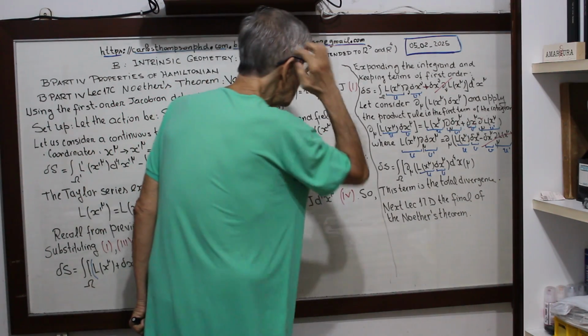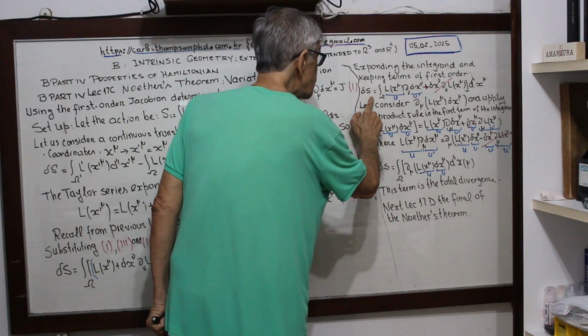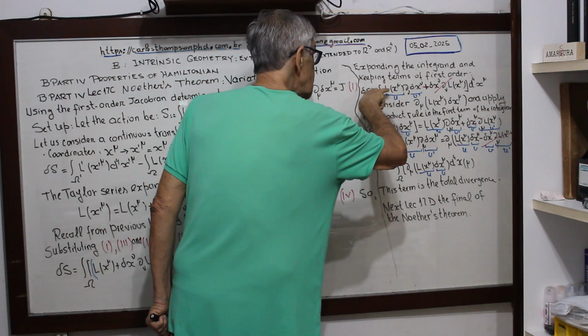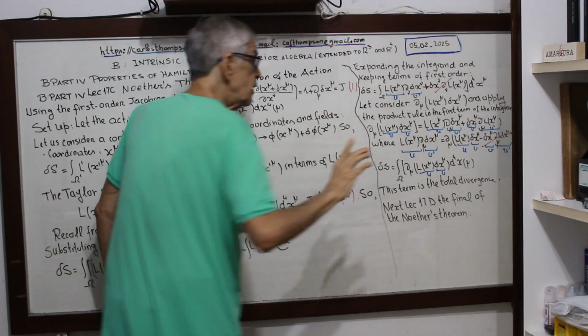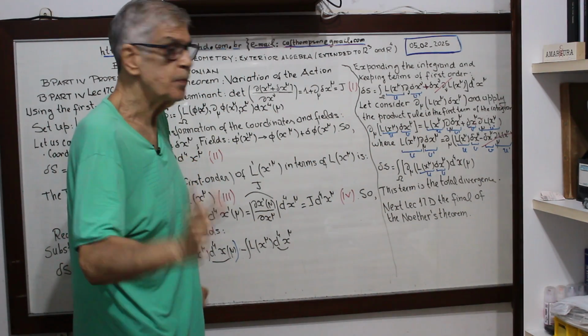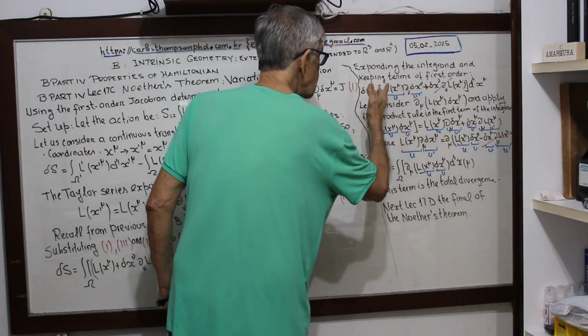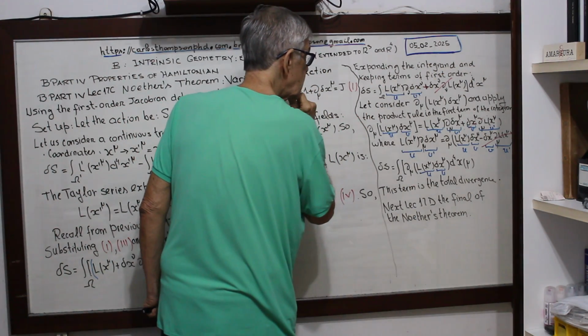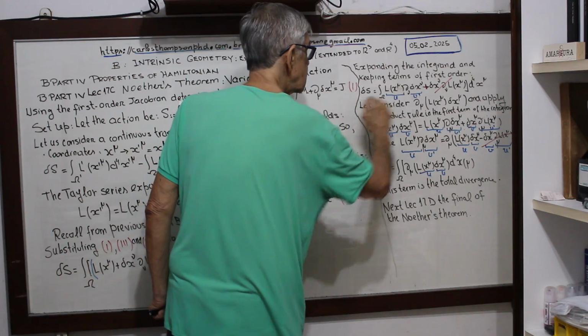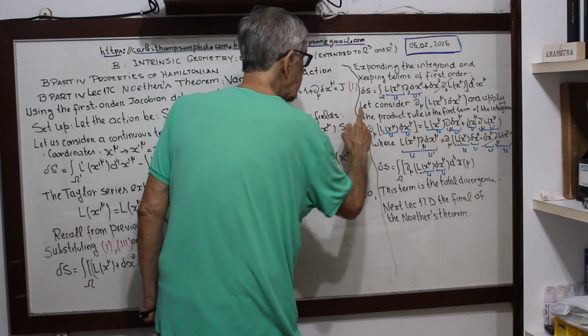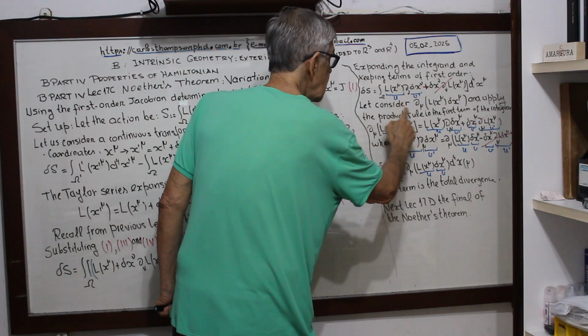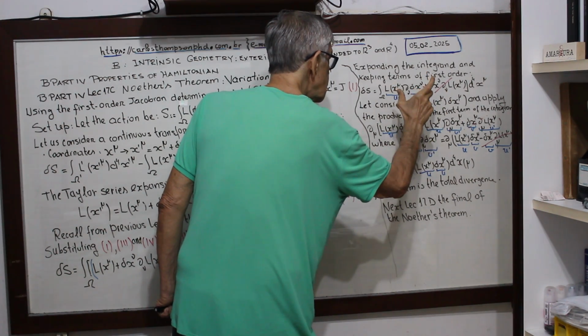My intention here is that on the right hand side there is no x prime, only the original coordinates. So you just got this relation here.